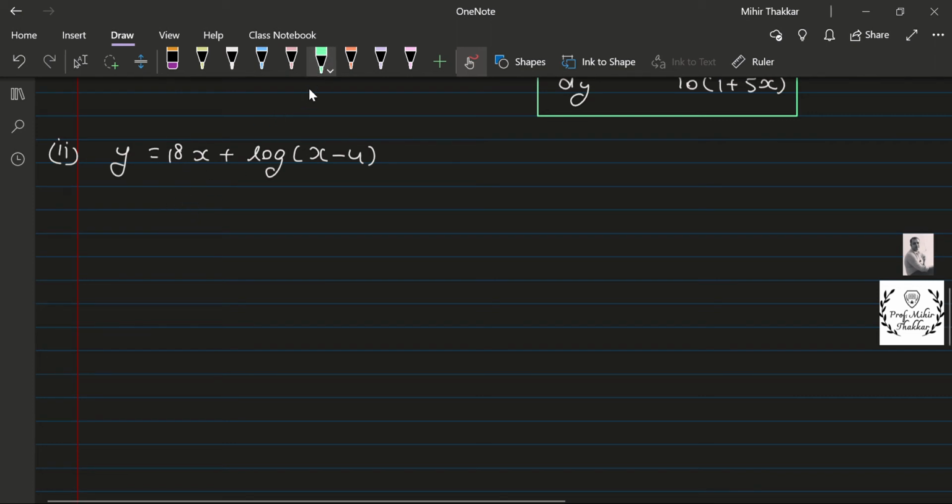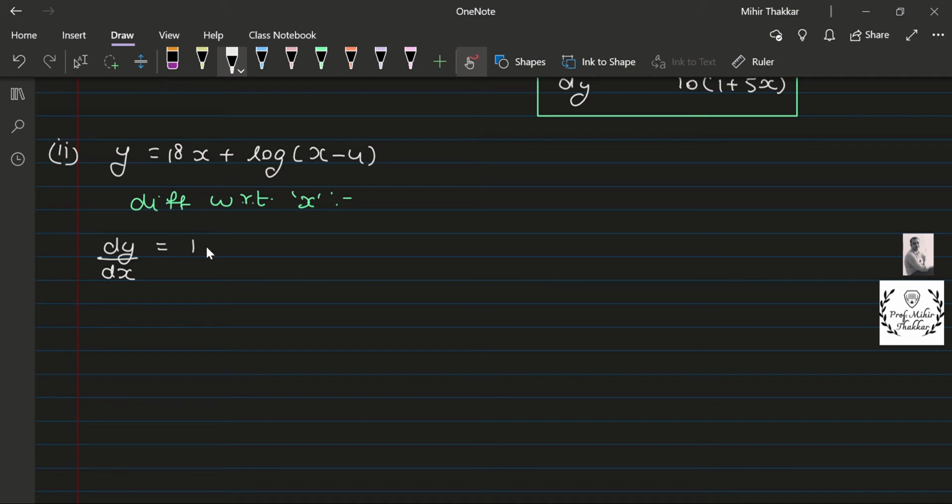So once again, when we want to find the derivative, we always say differentiate with respect to x. So derivative of y is dy by dx. Derivative of 18x, 18 into 1, that is 18. Log of x minus 4.